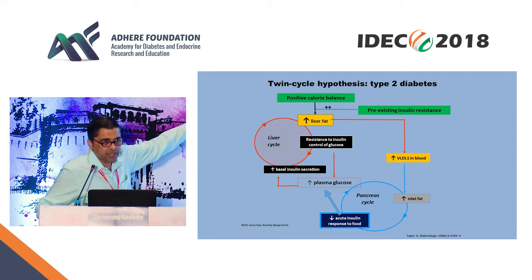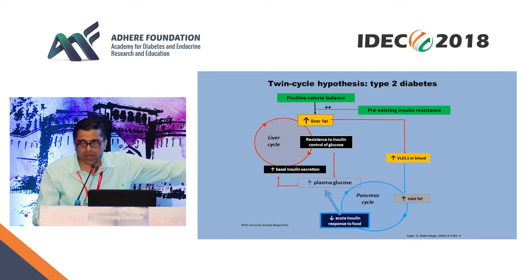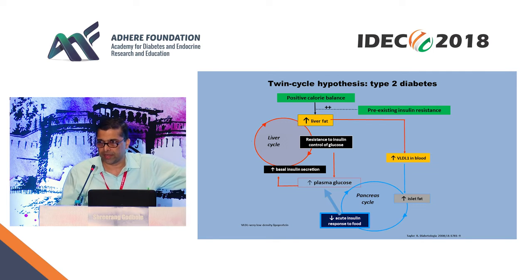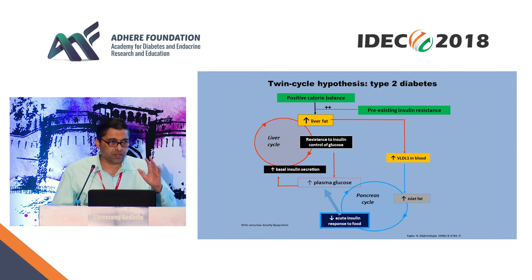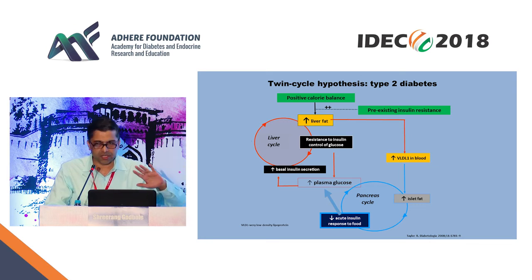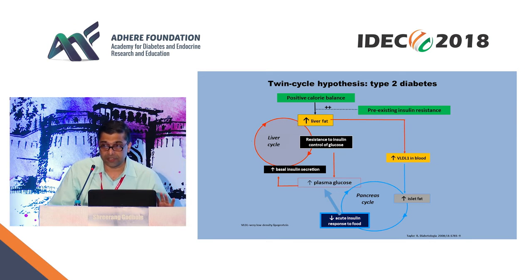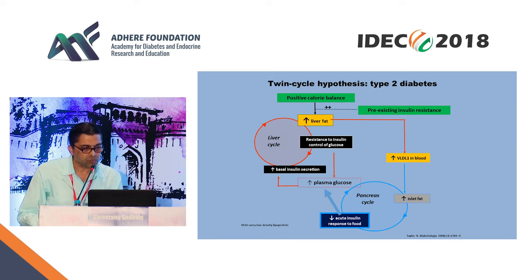So the vicious cycle at the level of the liver comes first, followed by the vicious cycle at the level of the pancreas. And it is thought that if the pancreatic islet cells are exposed to mild hyperglycemia and increased triacylglycerol over a period of 2 years, that can permanently damage the islets and can lead to sustained or definitive type 2 diabetes.